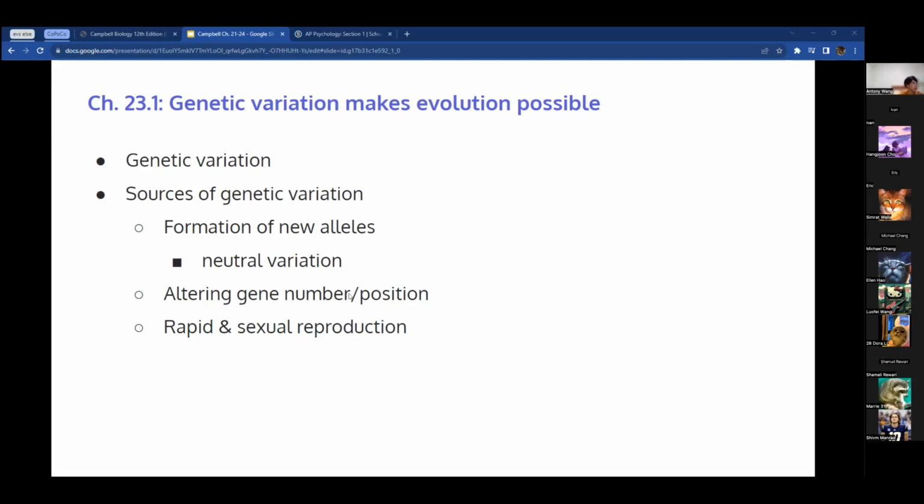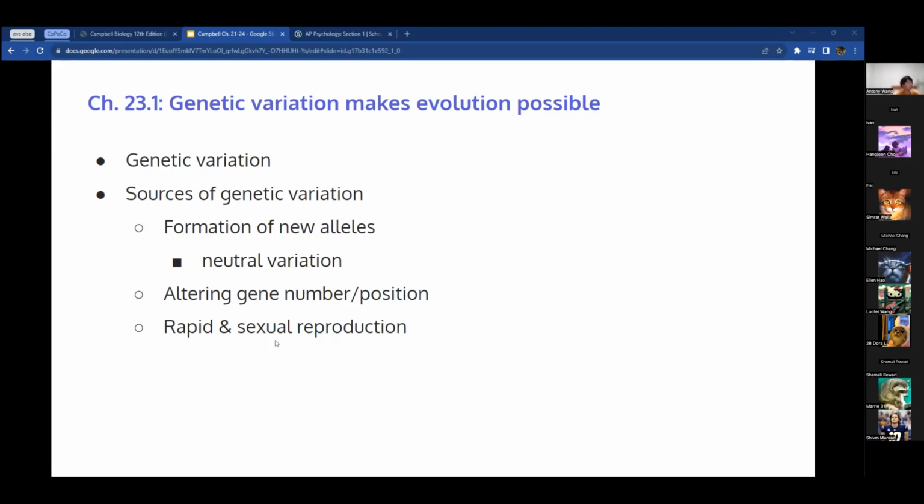Altering gene number and position: like I talked about many times before, when polymerase falls off, you can duplicate genes, and maybe having two copies of one gene helps you accomplish a function better. Or maybe having two copies wastes too many resources, and therefore you are at a disadvantage.